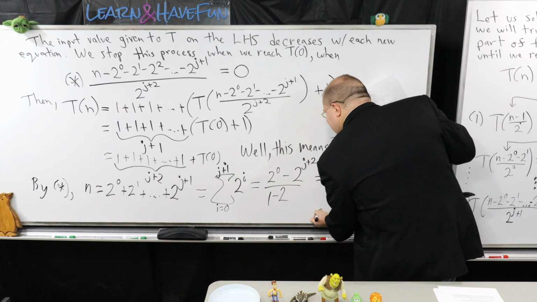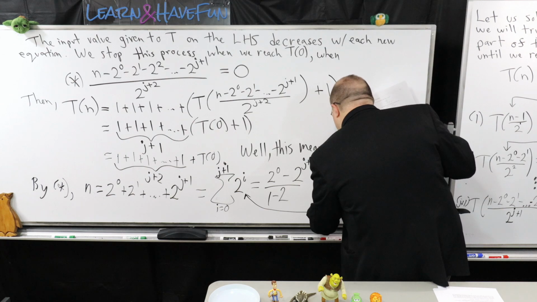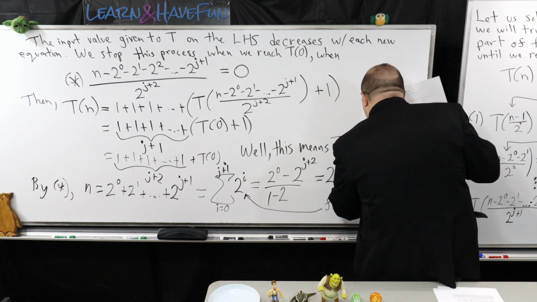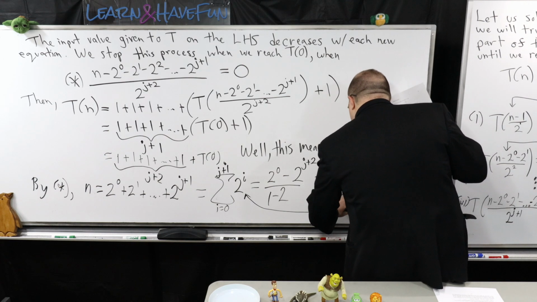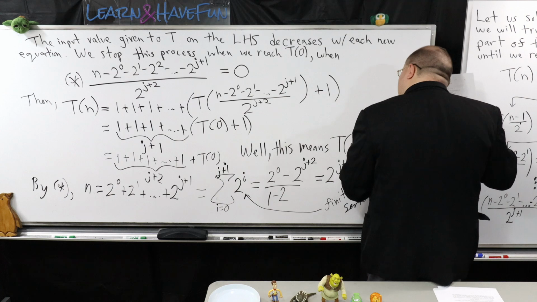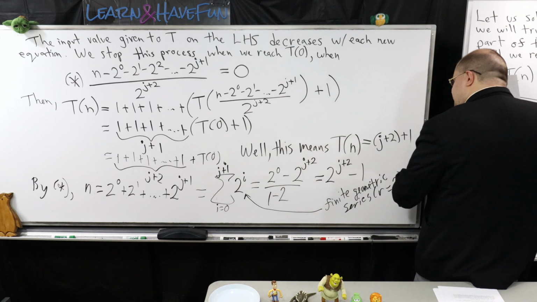Just to be very clear, what I did here is apply the closed form for a finite geometric series, when the constant r in this closed form expression is 2.